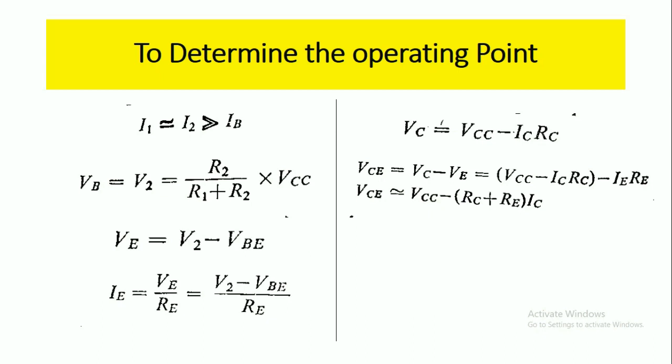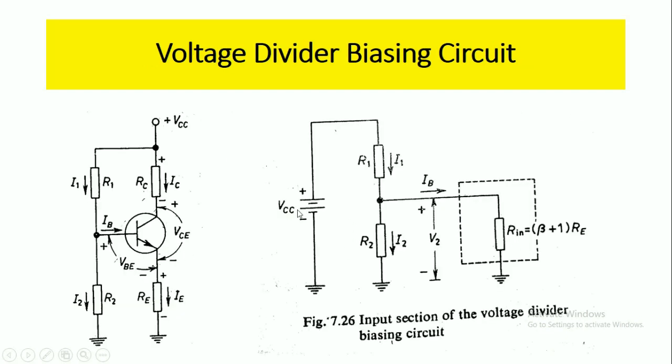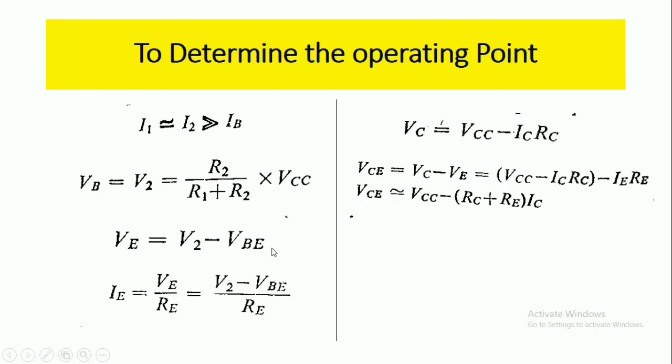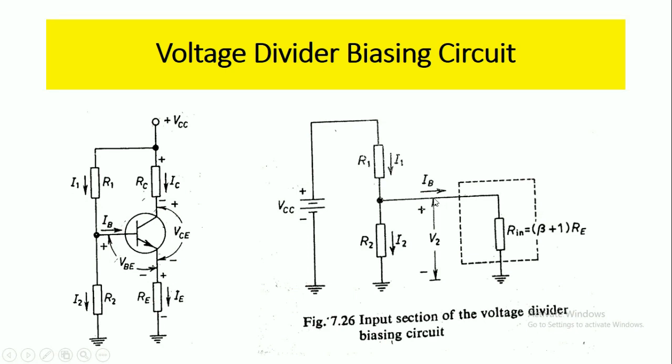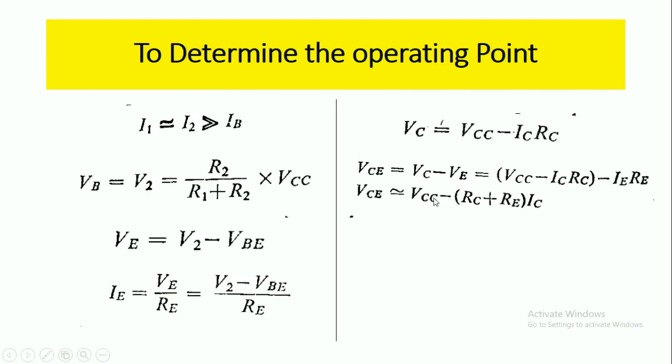And here we know that the voltage drop across the emitter terminal VE is V2 minus VBE, where VBE is the voltage drop across the base terminal. Then the emitter current IE is given as VE by RE. So from this we can write IE as (V2 minus VBE) by RE.